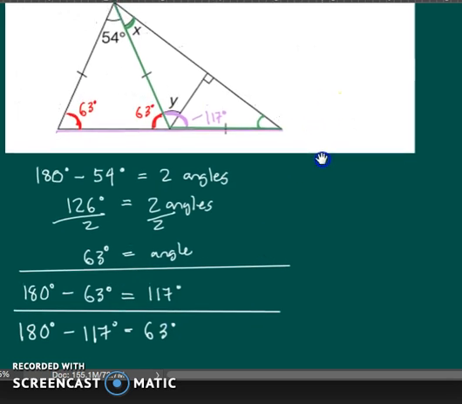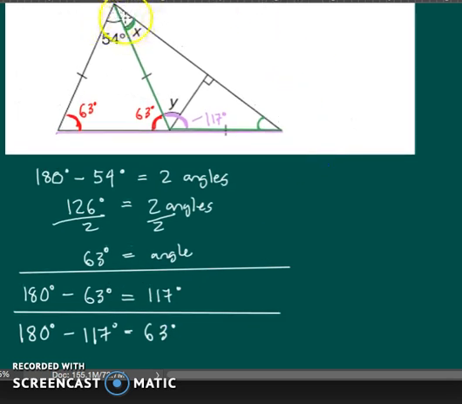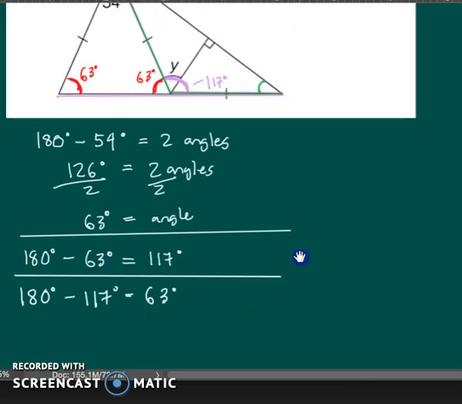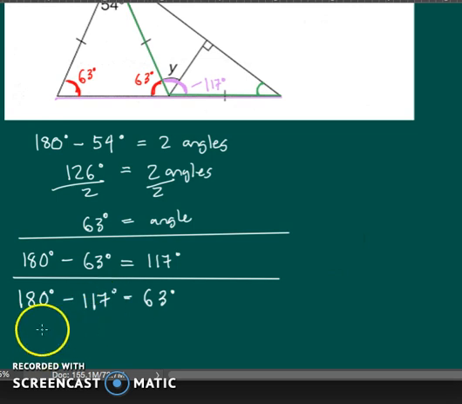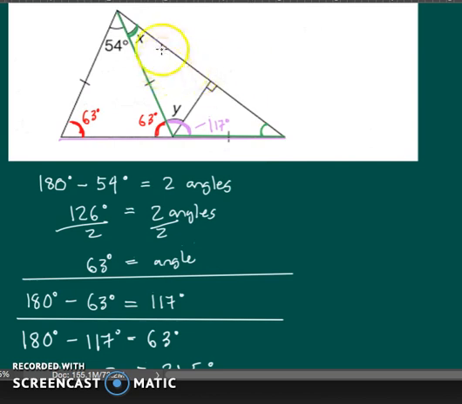So now I can see that between the two of them, these two green angles here add up to 63 degrees. So what is each of them worth? 63 degrees divided by 2 is, I'm afraid, 31.5 degrees. Yes, indeed, there can be half degrees. So I'm going to go ahead and label that 31.5 over here, 31.5 over here.